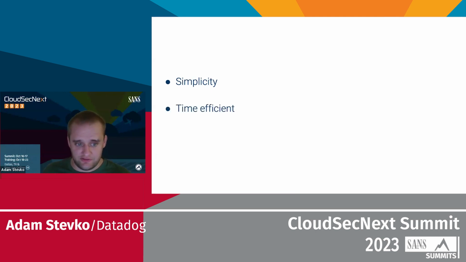A side effect of this is that it is also time efficient. Basically, we found out that the faster they can remediate, the more likely it is that the remediation itself will get prioritized.